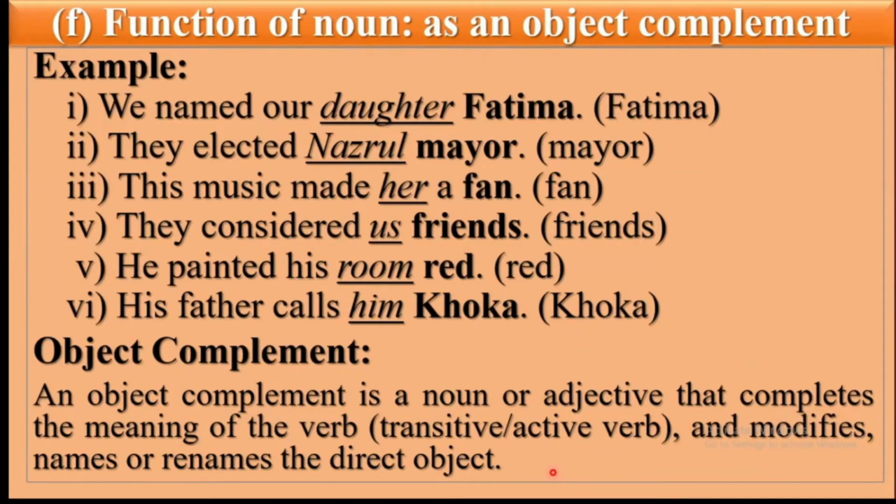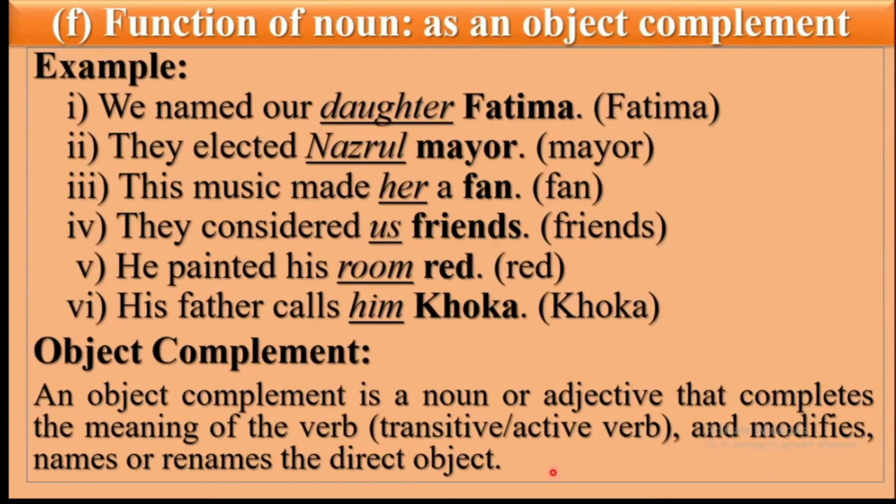It is important to note that the word red can also be an adjective, but here red means the name of a particular color, so it's a noun. His father calls him Khoka. In this sentence, the object is him and Khoka is describing or modifying or renaming him.